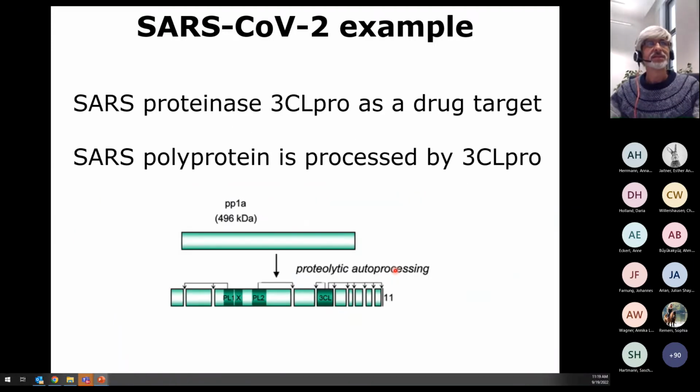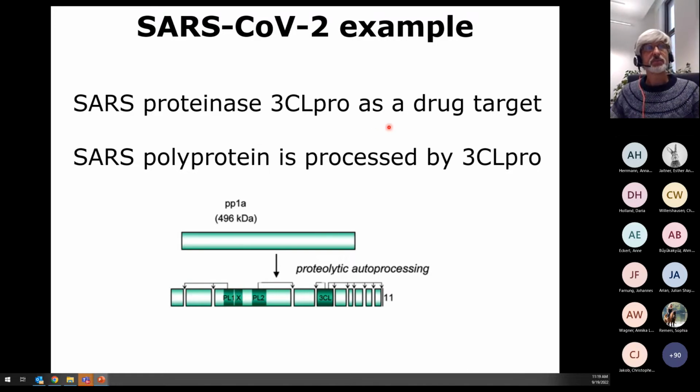Okay. And so what we are using is the original structure, a proteinase 3CL-Pro, whose structure was solved, and it's not from the human SARS, it's from a porcine SARS. So it's a SARS that infects pigs.